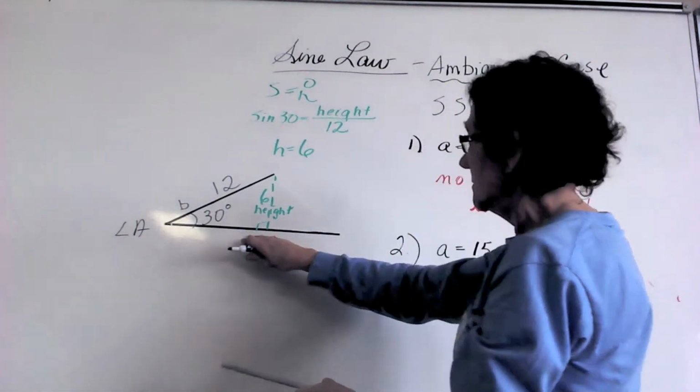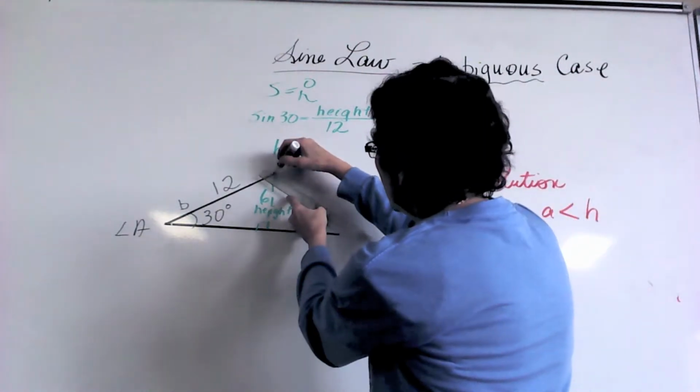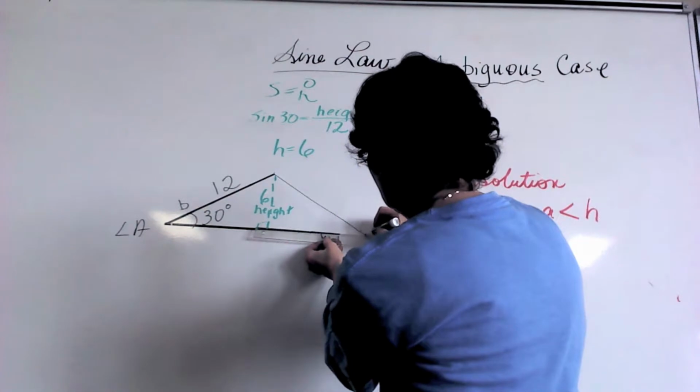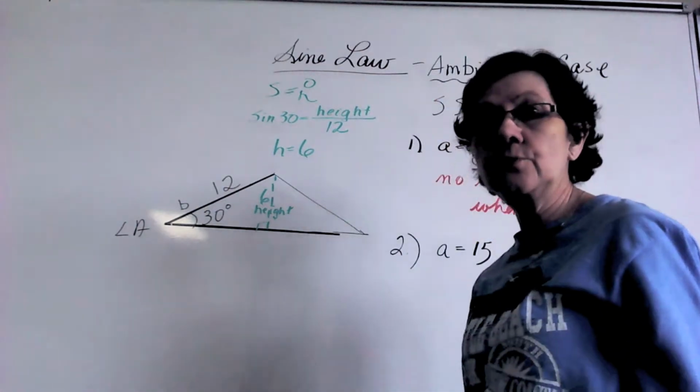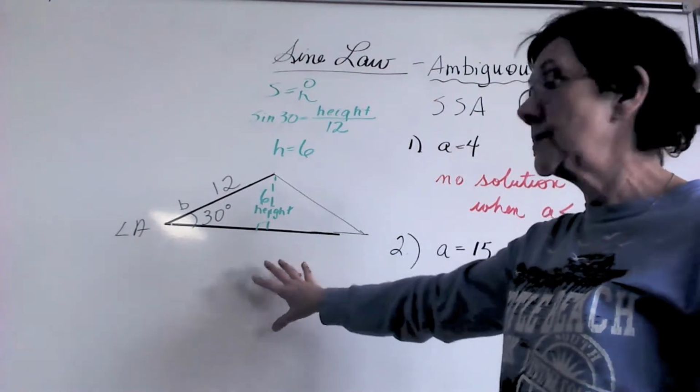Which means that this ambiguous line would be extended quite a bit. And we have a line like this. And we can see that we have a very nice workable triangle with only one solution possible.